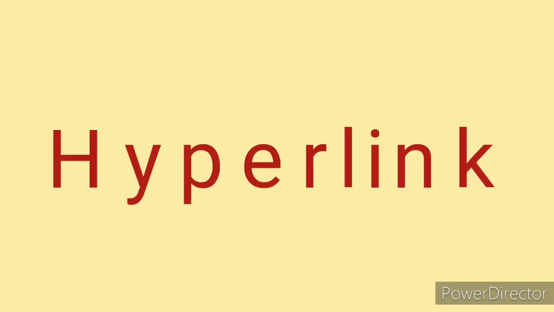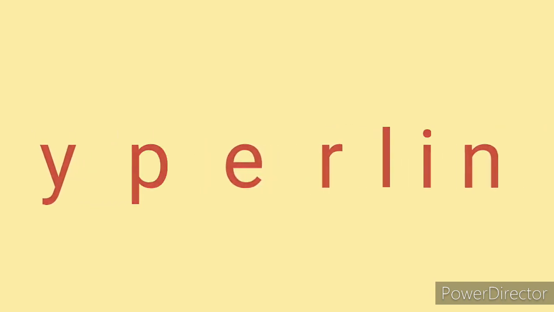The next data type is hyperlink, children. In this data type we can store links to web pages, websites or files. It stores up to 1 GB of data, children. The next data type is lookup wizard, children. In this we can create fields whose values are chosen from other tables or queries or a list of values.